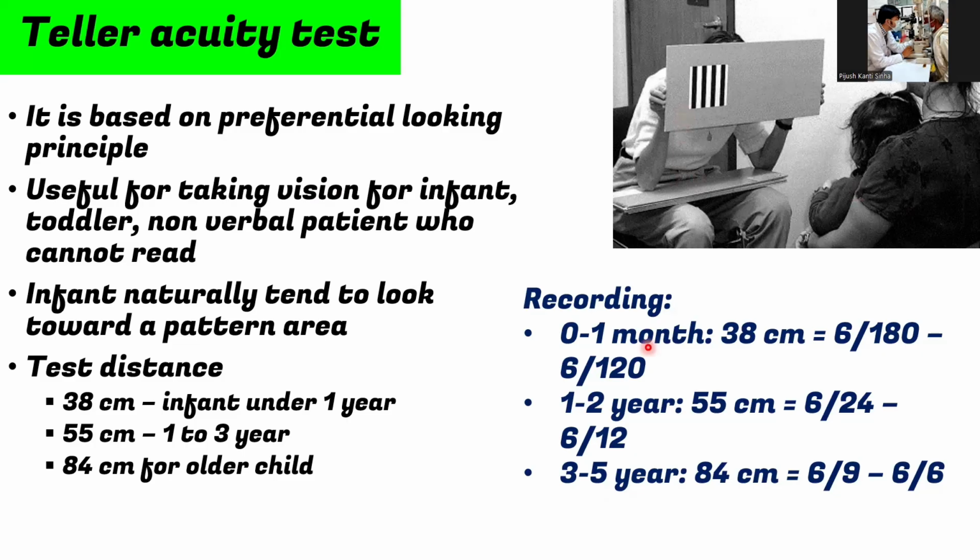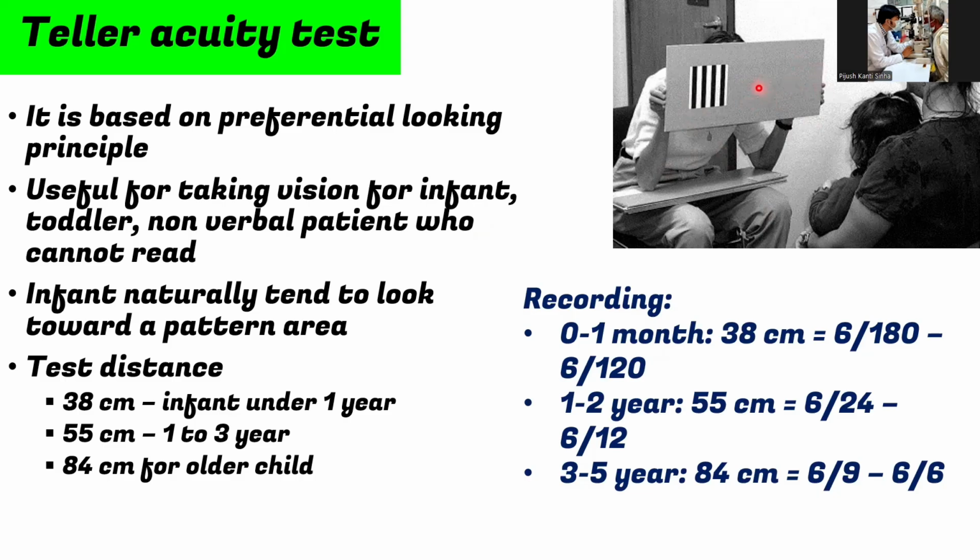So if I tell you about the procedure, the Teller acuity card is used to assess vision in infants or non-verbal children. The child sits in the parent's lap in a quiet, well-lit room facing the examiner at a fixed distance. The distance here is about 38, 55, and 84 centimeters. The Teller acuity card has strips on one side and a gray area on the other side.